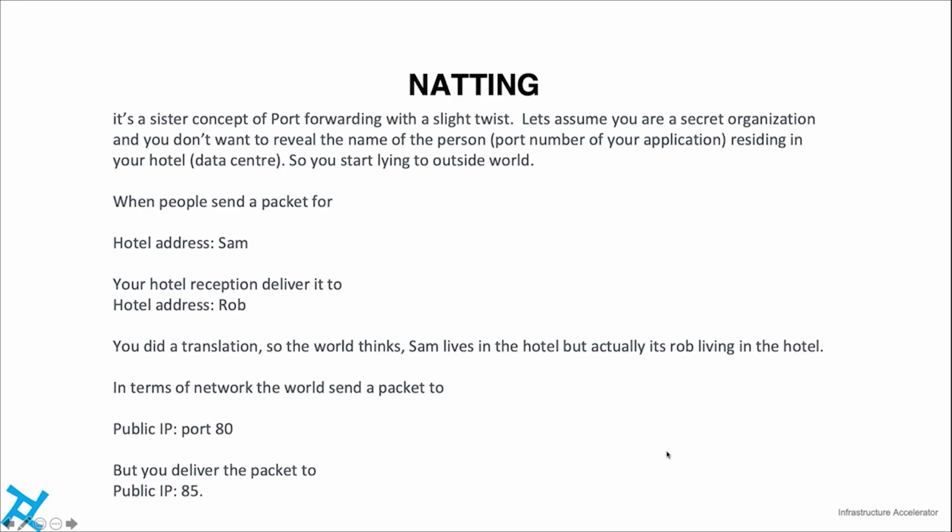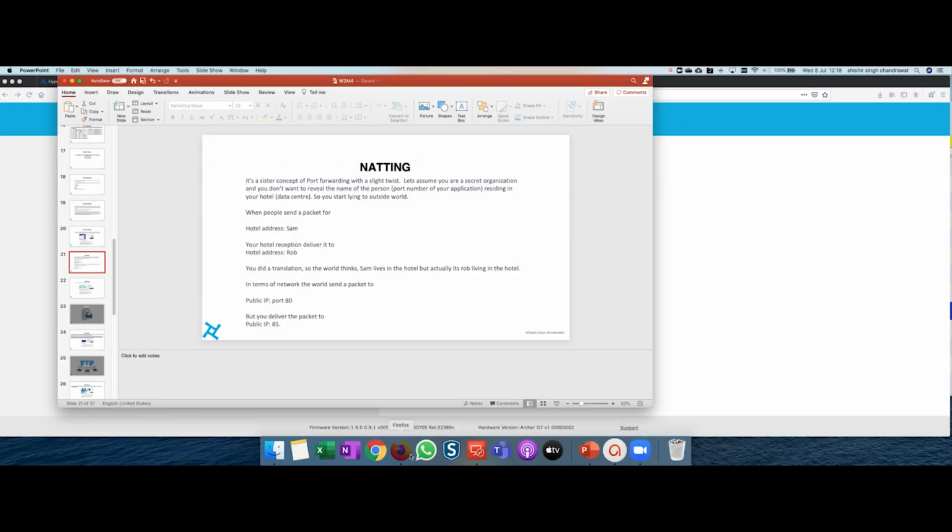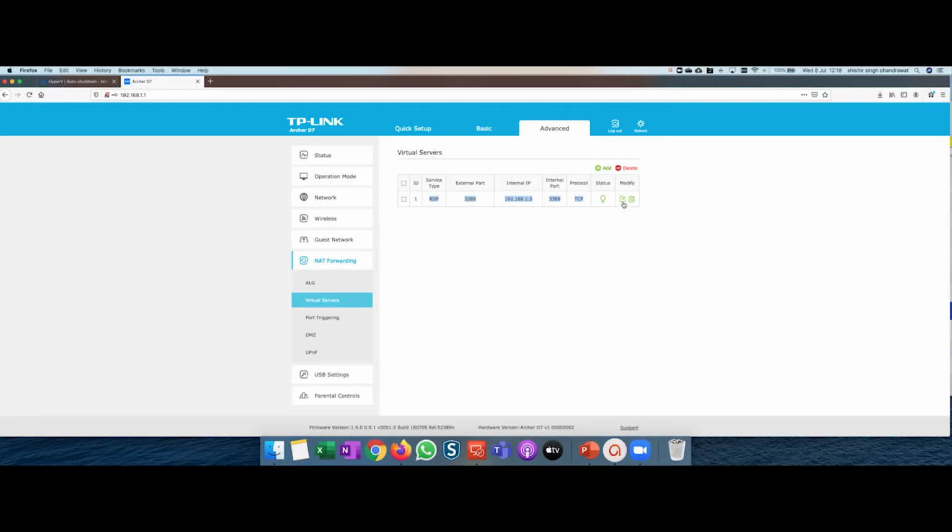Let me go back to my firewall rule. So here, this was the rule. The world sends a packet for Sam, you deliver the packet to Sam. But what if the world sends a packet for Sam and you deliver it to Rob? So the whole world is sending the data as public IP colon 3389 and you are delivering it to an internal machine colon 85.